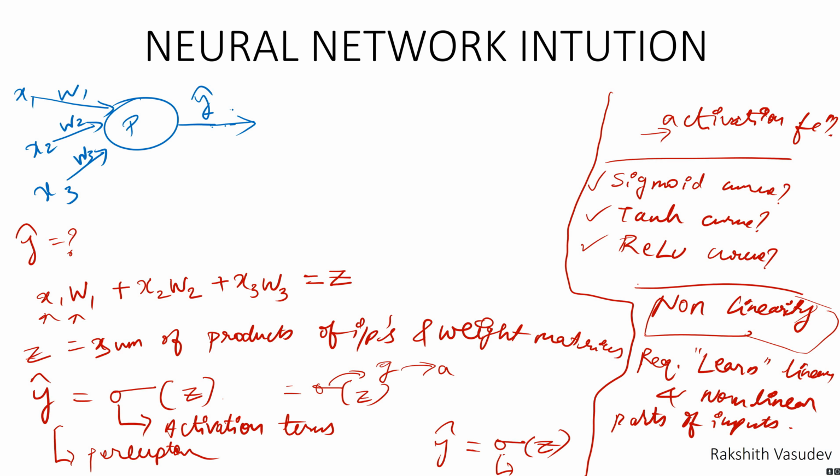The point I wanted to make is all these functions are going to introduce non-linearity. Now, why does non-linearity have to be present in our neural network? Non-linearity is required because you can learn linear and non-linear parts of any input. What is that supposed to mean?